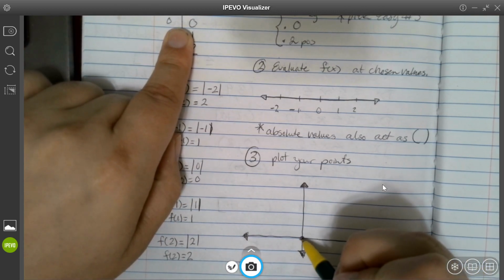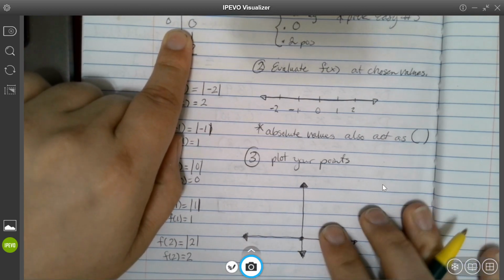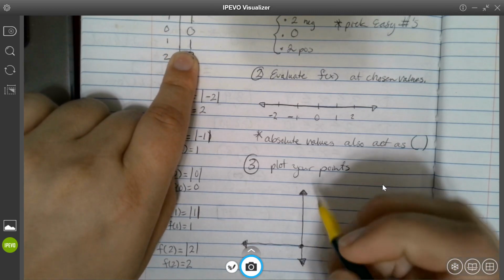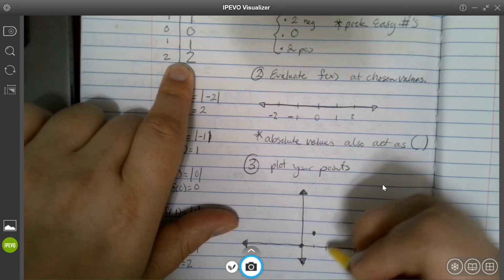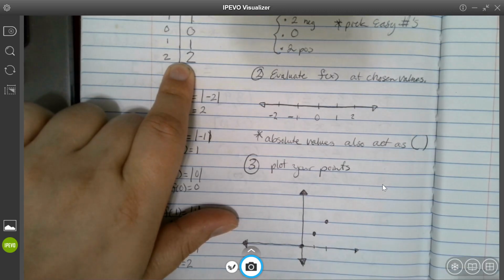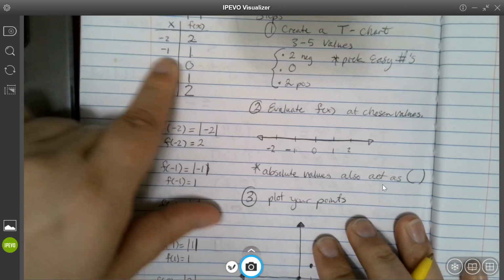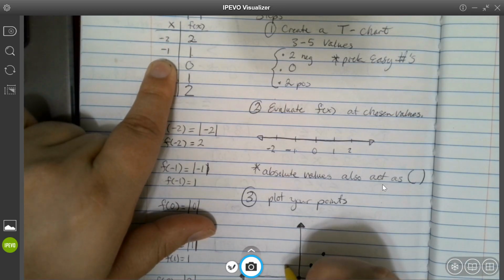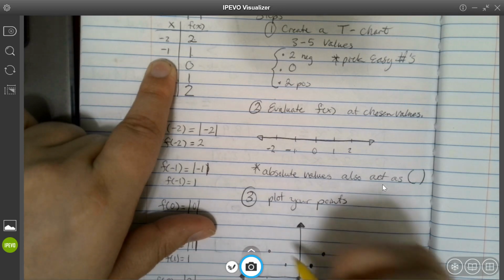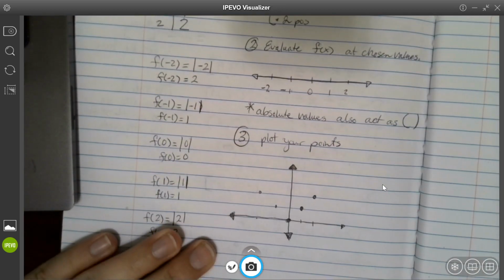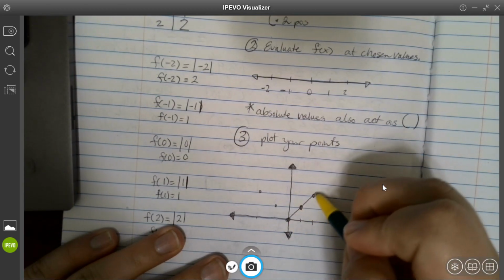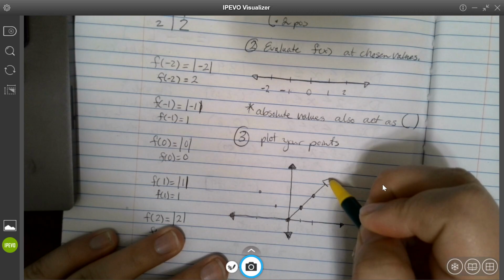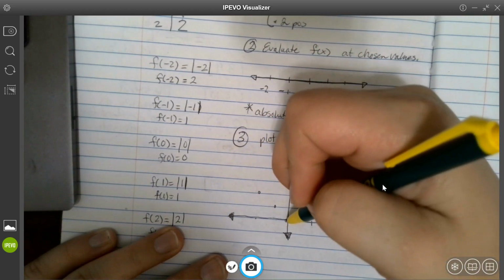That's right here. I've got positive 1, so over 1, up 1. Over 2, up 2. This is over to the left 1, up 1. Over to the left 2, up 2. And that's the shape. Now if you remember from your parent functions, the absolute value graph creates a V shape.